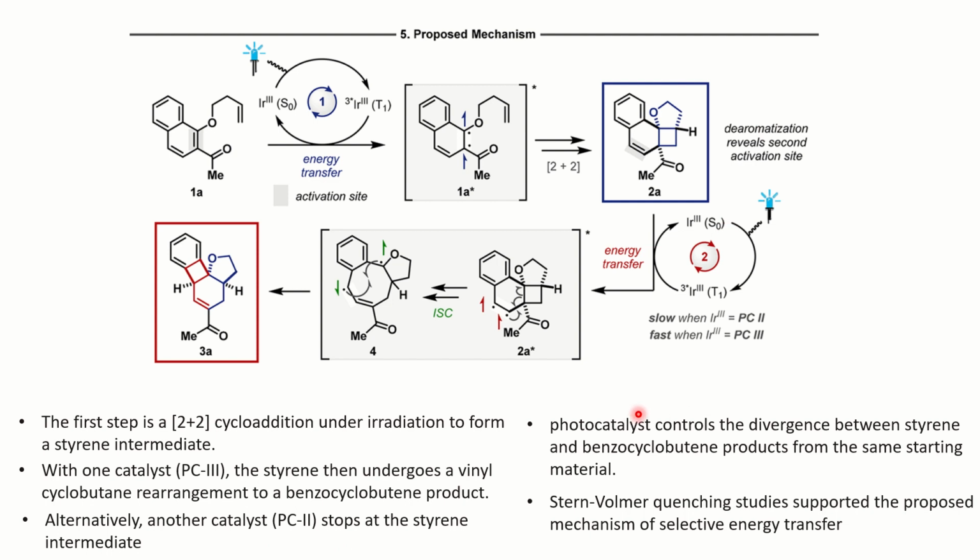And this mechanism has been well supported by some physical experiments that they have done, for example Stern-Volmer quenching experiments. So that has been corroborated by the Stern-Volmer quenching studies.